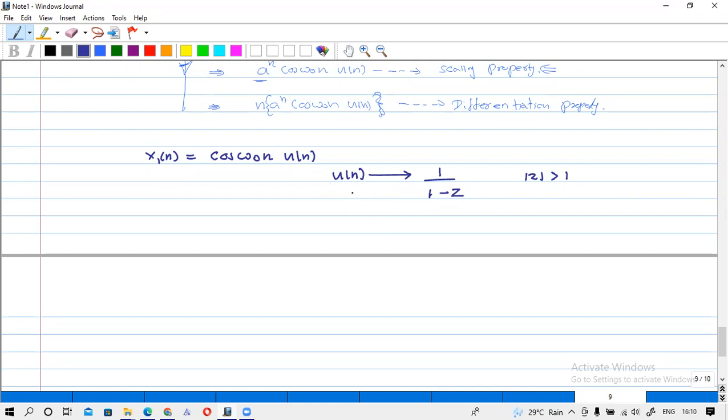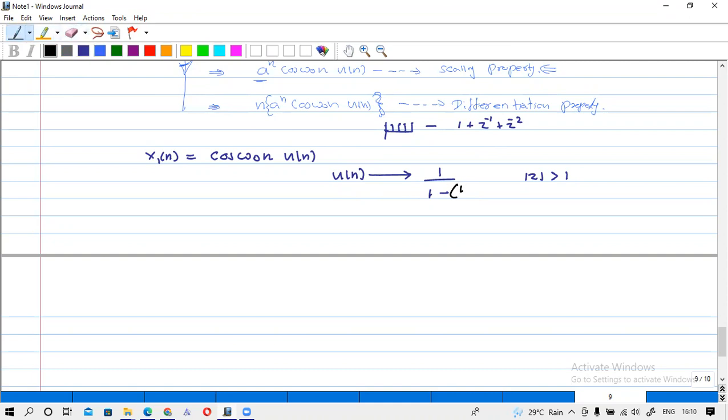Let's say this is very simple, because we have several impulses like this. If we write the z transform, this will be 1 by z, no?